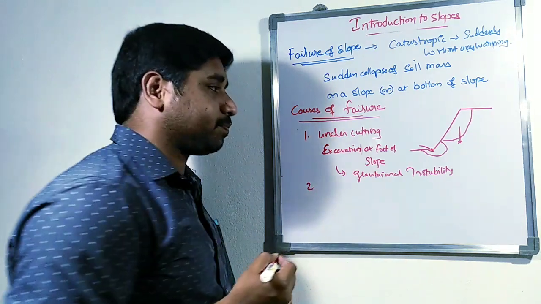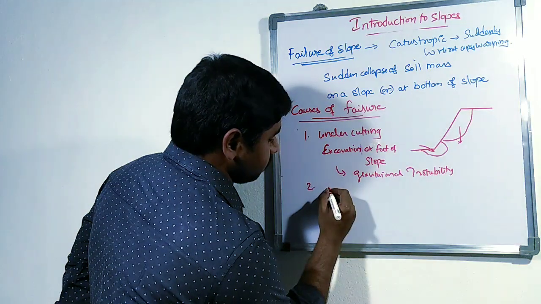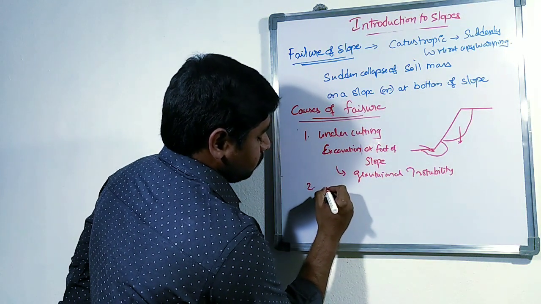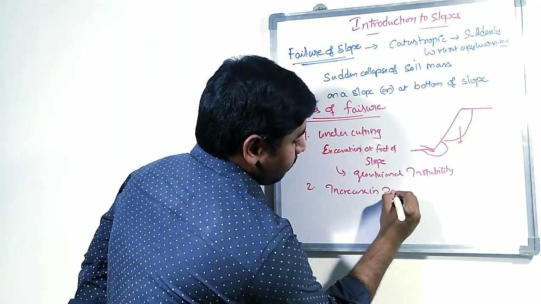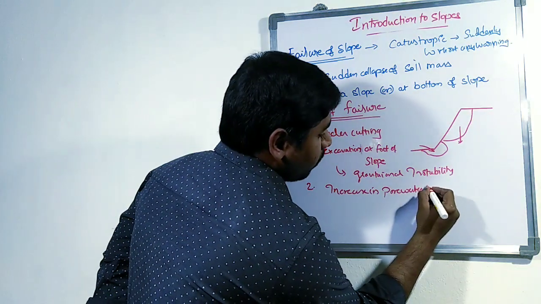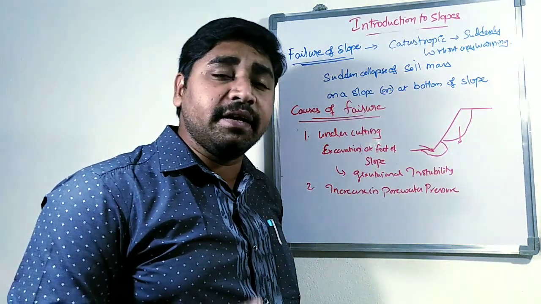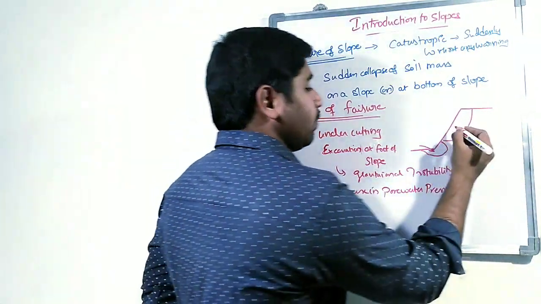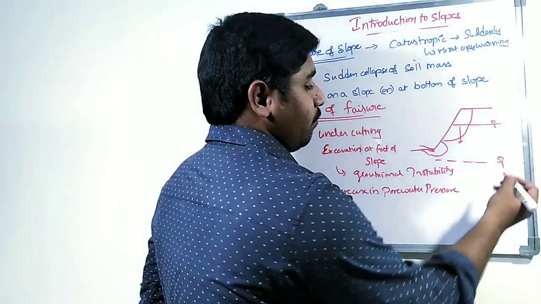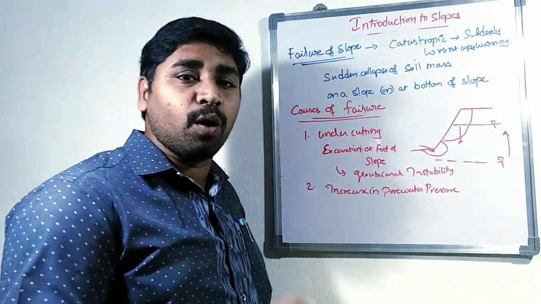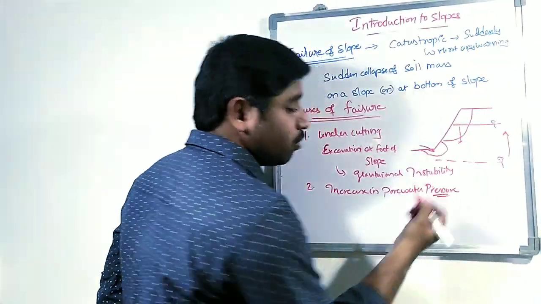And the second one is due to increase in pore water pressure. Because of the increase in groundwater table level, if the water table level which was available somewhere here earlier is rising up, then what happens? Pore water is going to get increased. So when the pore water is increasing, pore water pressure is also going to get increased.